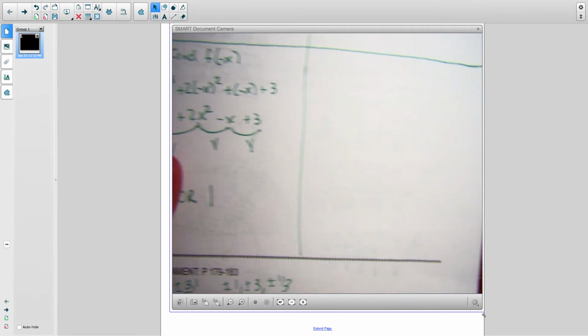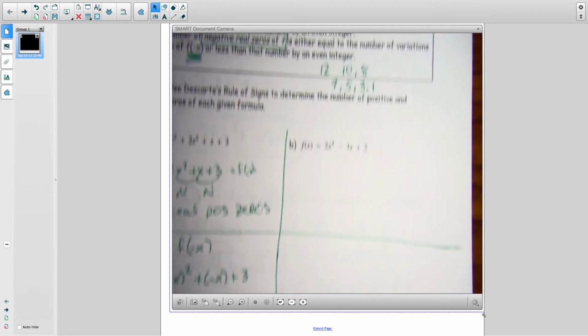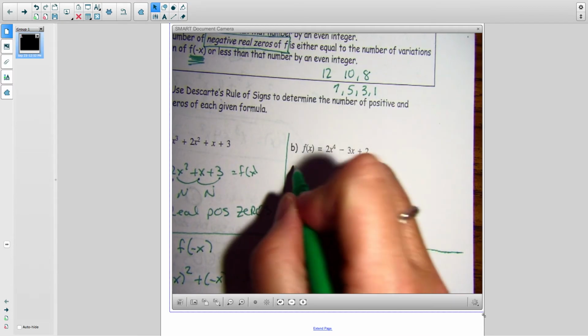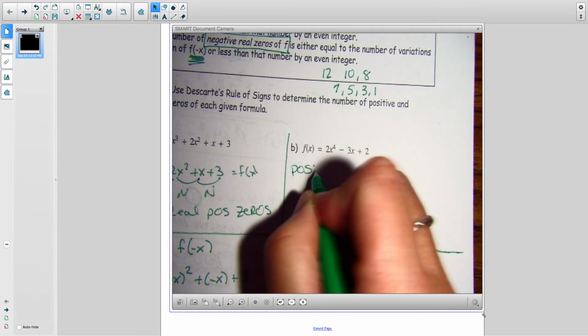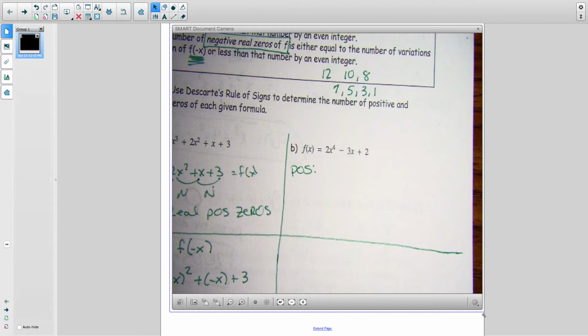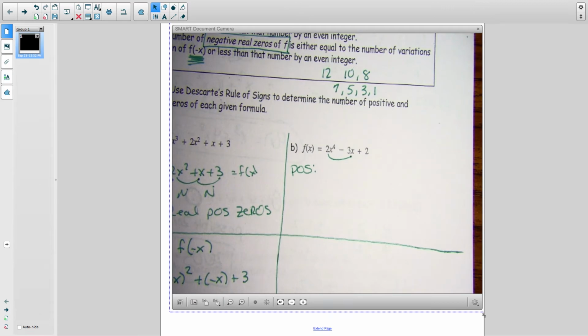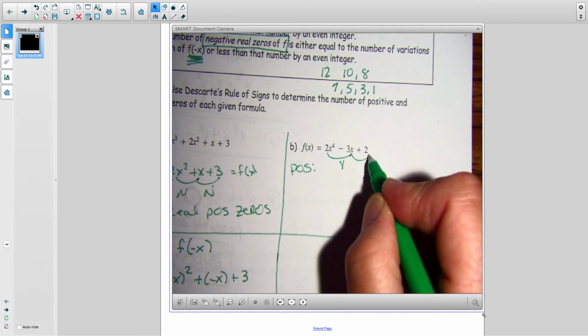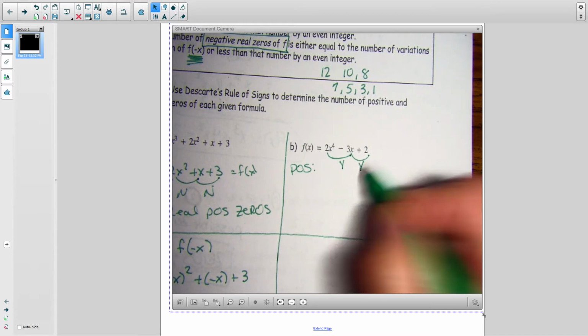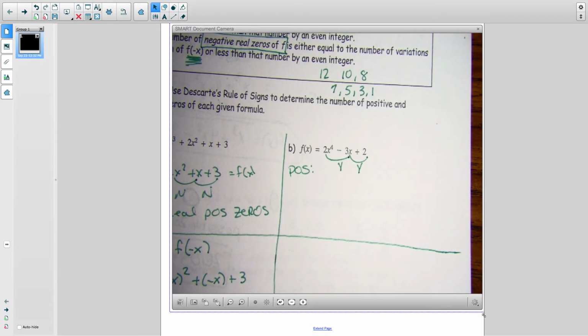Let's look at B. Positive. How many sign changes from here to here? A sign change from the first term to the second term? What about from here to here? So we have 2 sign changes.